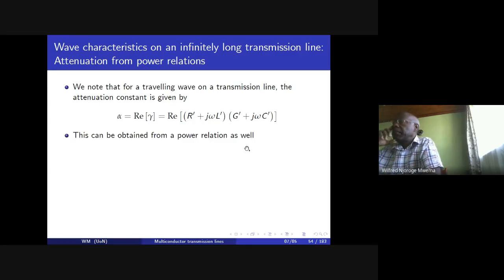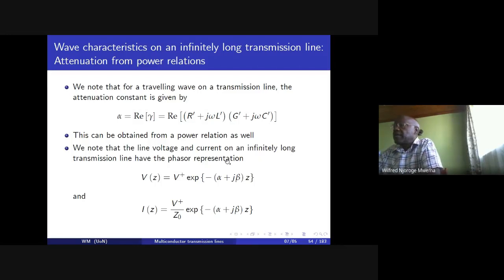And this can be obtained from a power relation as well, where we note that the line voltage and current on an infinitely long transmission line would have a phasor representation with only the positive going wave components, that is V(z) is equal to V plus exponent of minus alpha plus j beta z, and I(z) is equal to V plus by Z naught multiplied by the exponent of minus alpha plus j beta z.